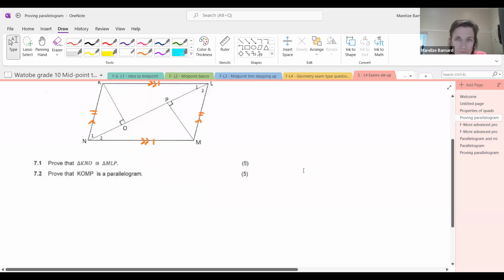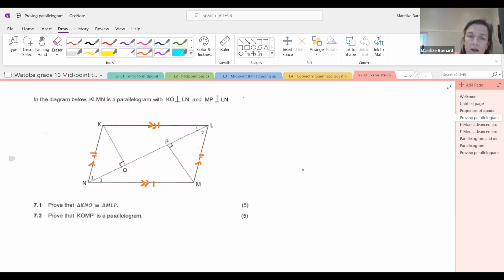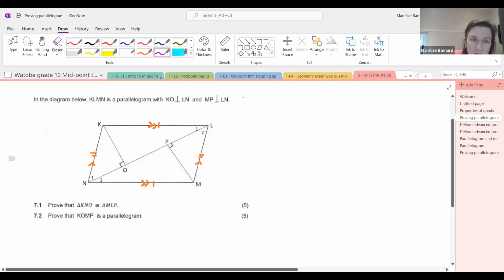Also a good idea to maybe make a quick sketch in your book or your page, where you are, and to work from that sketch, because it's very difficult to work off the screen when you are doing geometry. We are proving these two triangles congruent.